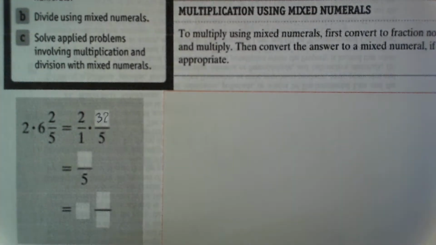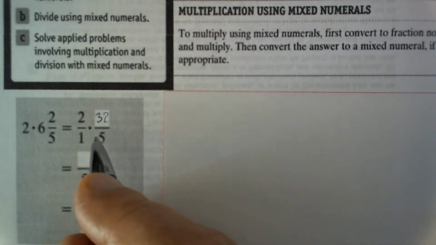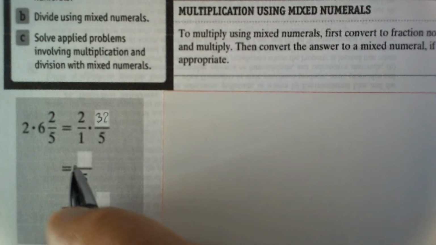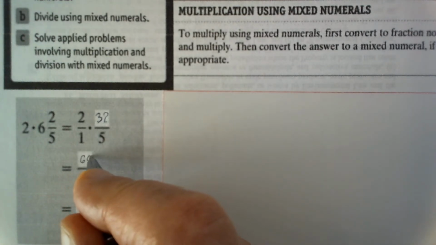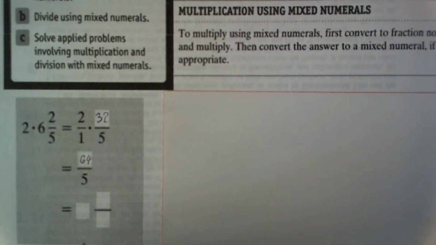And now, this is a problem that simply reduces to multiplying fractions. So 2 times 32 is 64. It's 64/5. And when we convert 64/5 into a mixed numeral, dividing 5 into 64, that's equal to 12 and 4/5.